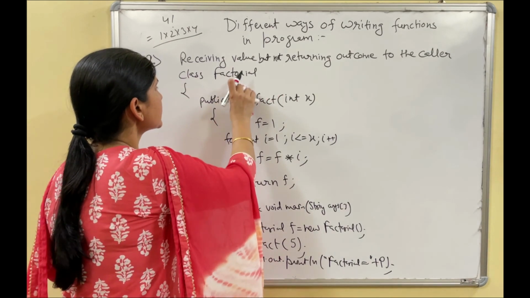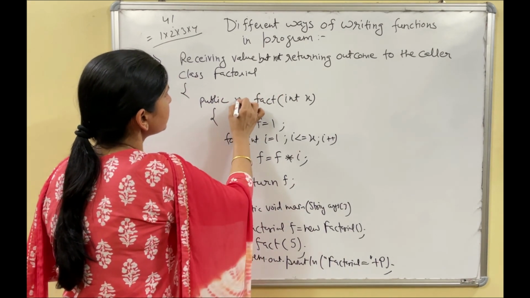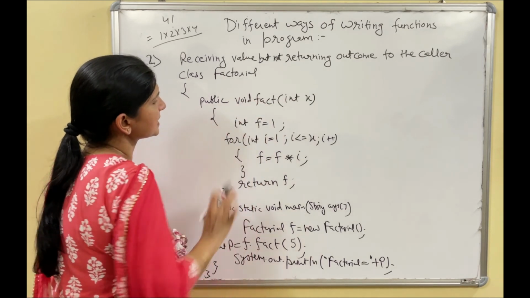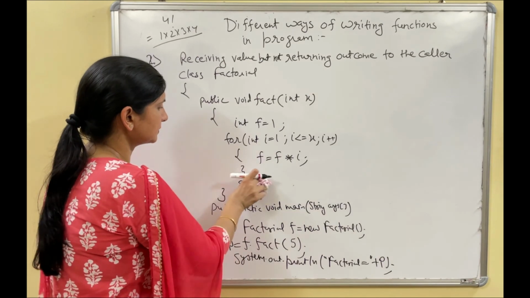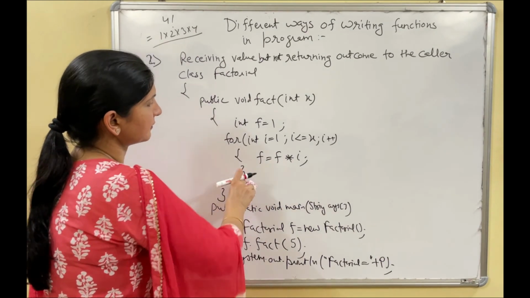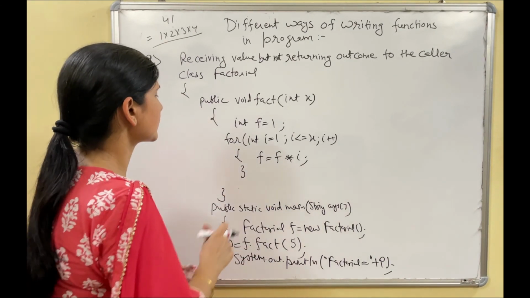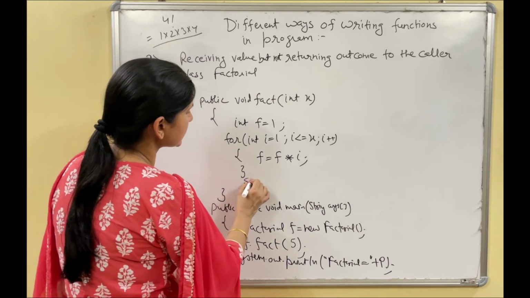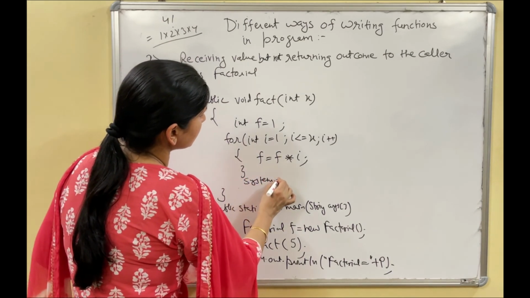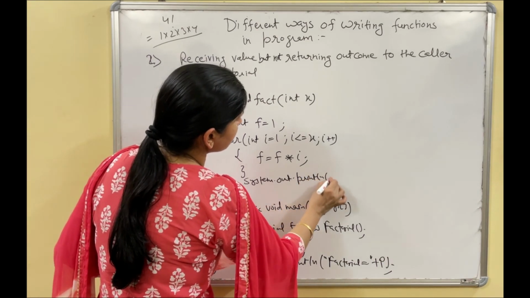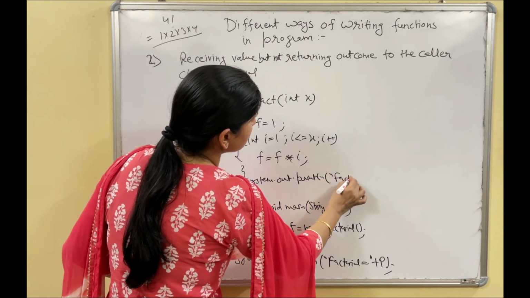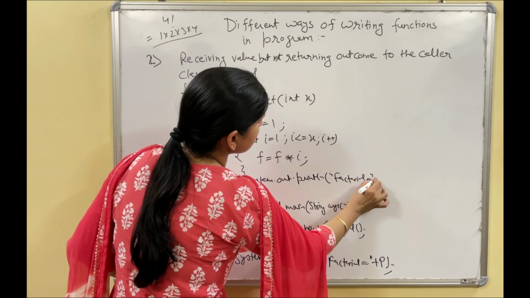Not returning means return type void. This will be same, right? Return f will not come because it will not return anything. We simply display here only, system dot out dot println factorial equals to f.